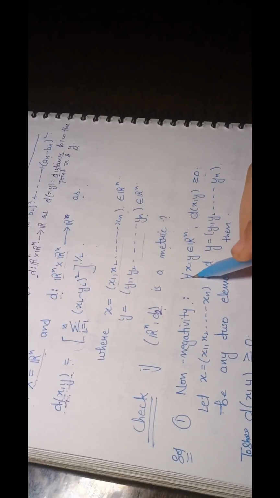So let us consider any 2 points x and y from Rn arbitrarily. So x, which looks like an ordered n-tuple, and y, which looks like an ordered n-tuple, be any 2 elements in Rn. So what I have to show is that the distance d of xy is non-negative.